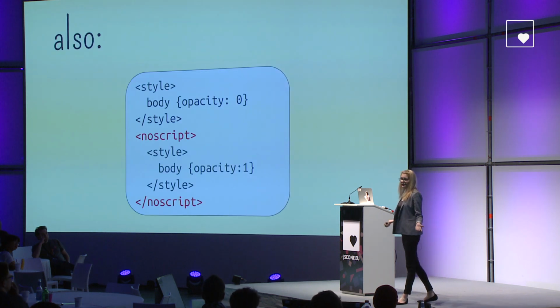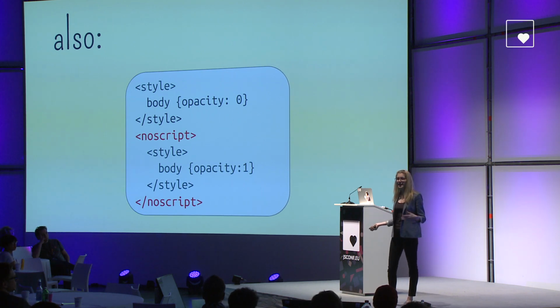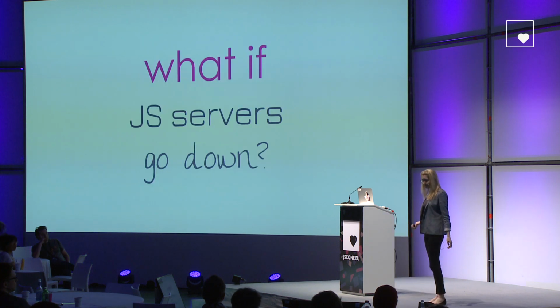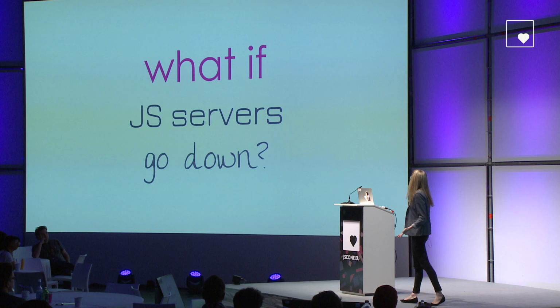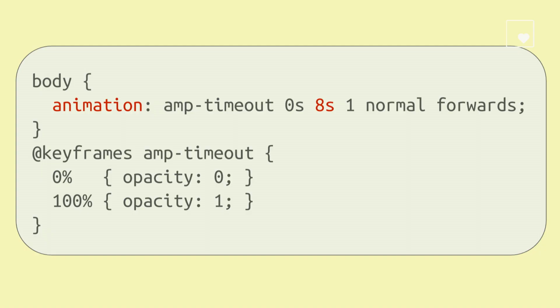But what happens if there's no JavaScript? Well, we have this noscript to unhide the body if there's nothing there to unhide the body. And then finally, what if JavaScript servers go down, which can happen every once in a couple of years, right? And to address this issue, we do a CSS animation timeout.